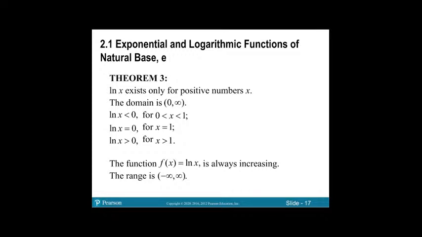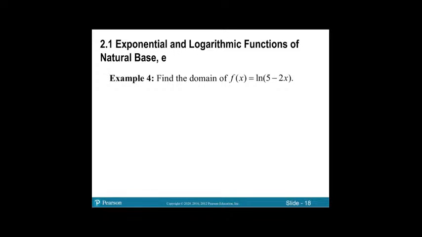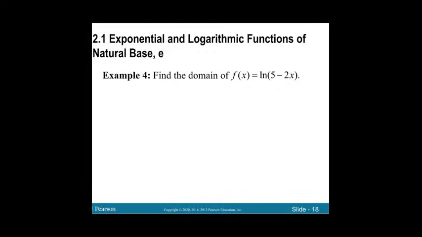Okay. Find the domain. So again, in general, for a log function, the domain is strictly greater than 0. So this 5 minus 2x has to be strictly greater than 0. If we solve for x, 2x, divide both sides by 2.